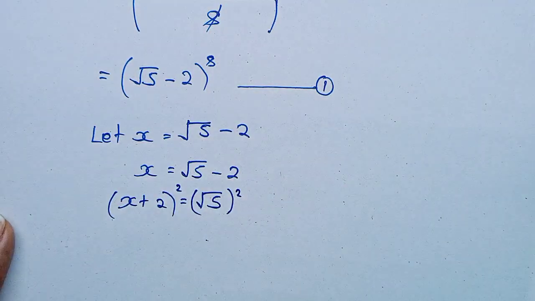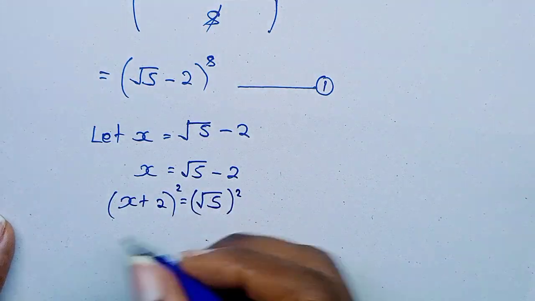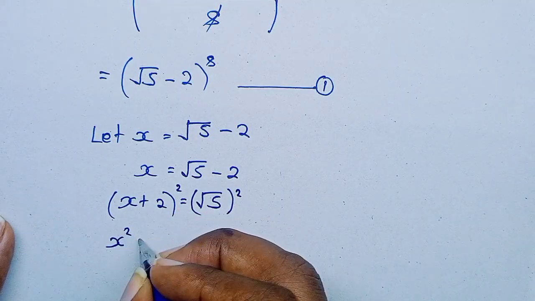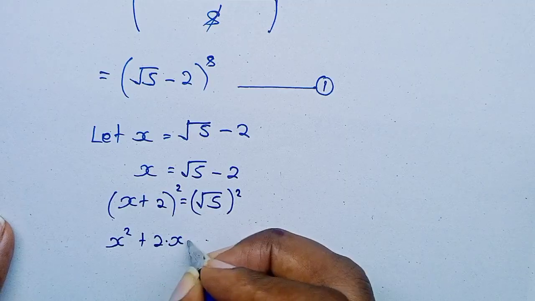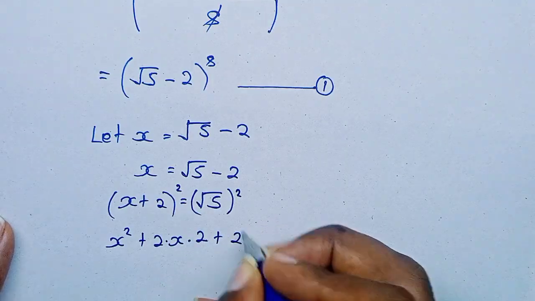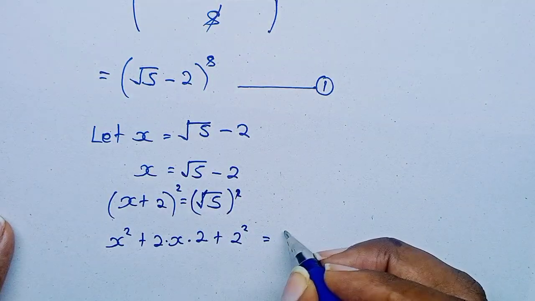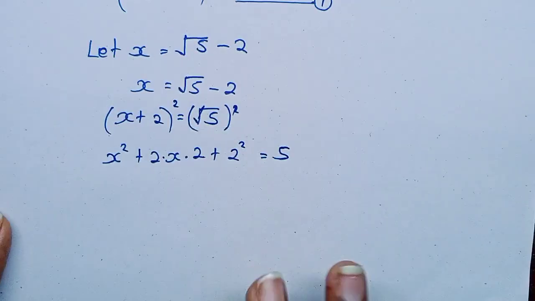Square both sides. When you expand this, you get x squared plus 2 times x times 2 plus 2 squared, being equal to 5.